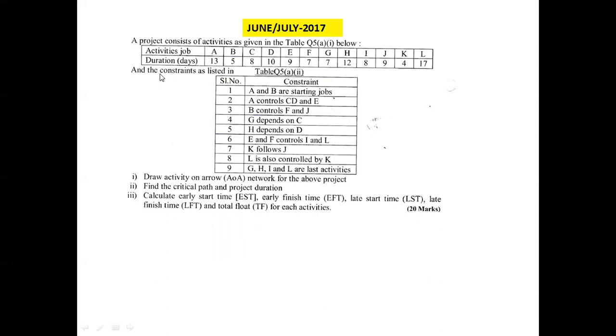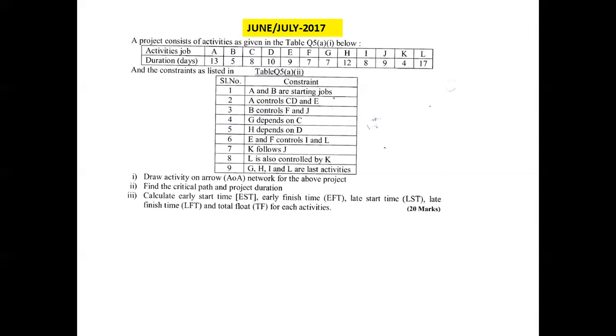Then the constraints for all the activities are given in a somewhat descriptive manner. Here, A and B are starting jobs. A controls C, D, and E. These three activities are controlled by A. It means the activities C, D, and E will start when the activity A is completed.